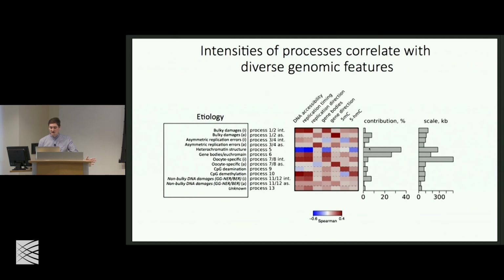And this is basically a heat map of correlation of different processes with different genomic features, and we see very distinct and diverse correlations.